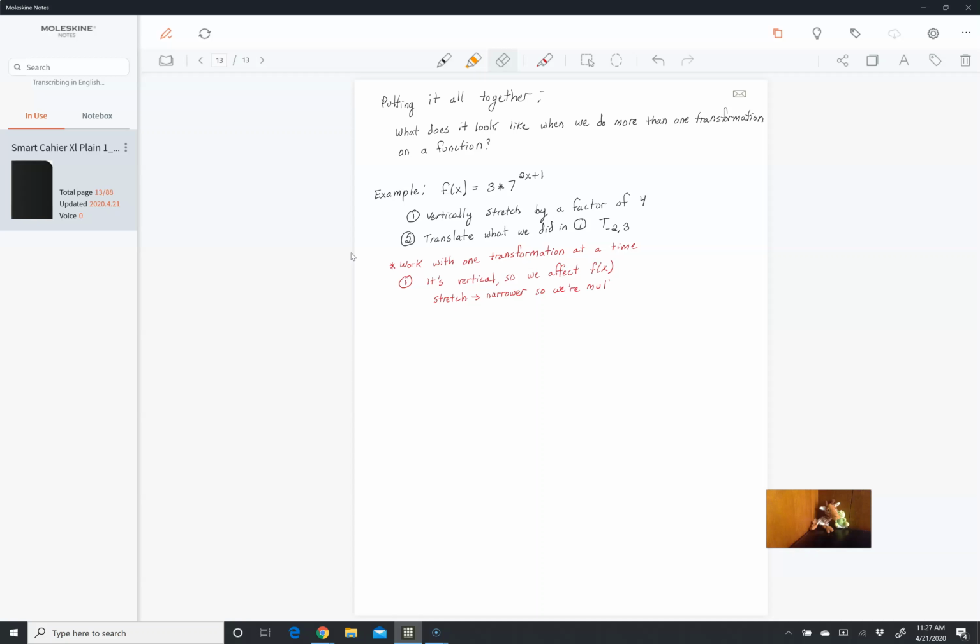Again, if you forget that, think back to the rubber band, okay? If we take a rubber band and we stretch it vertically, it's getting narrower. You can imagine also, I want the giraffe to be one of our little animals here to help demonstrate, but they don't have good enough arms.